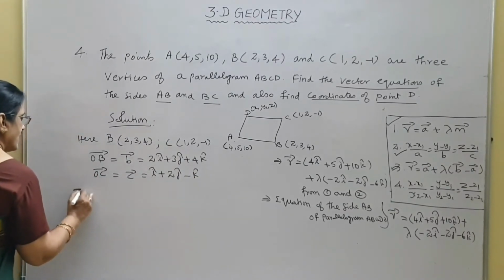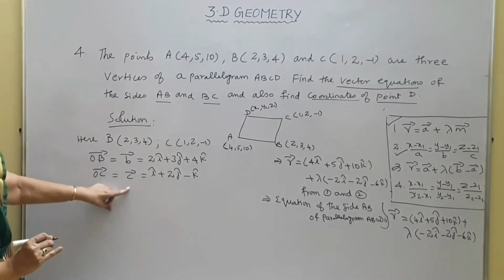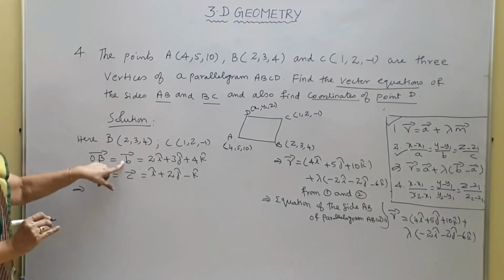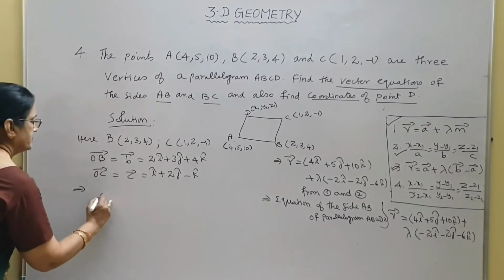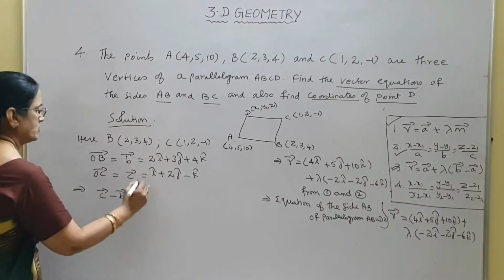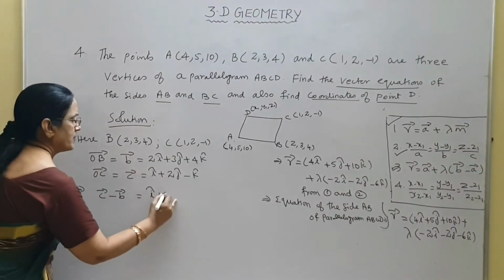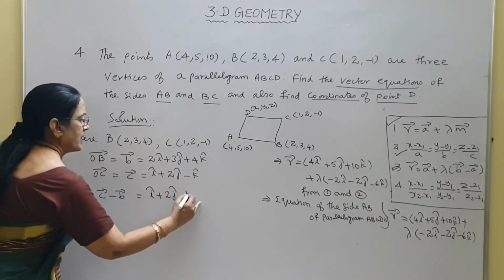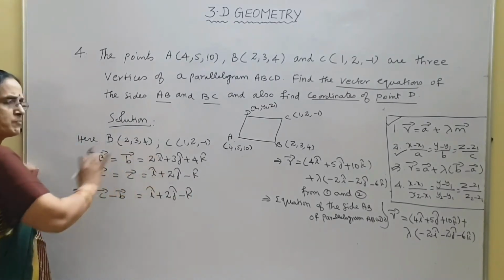From here, I can write c vector minus b vector, which is equal to i cap plus 2j cap minus k cap minus b vector.